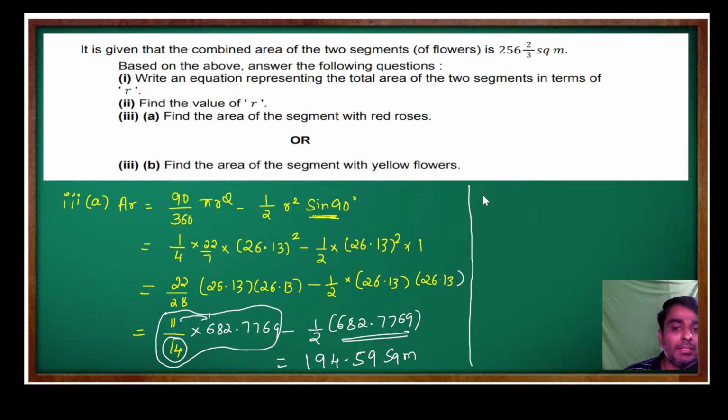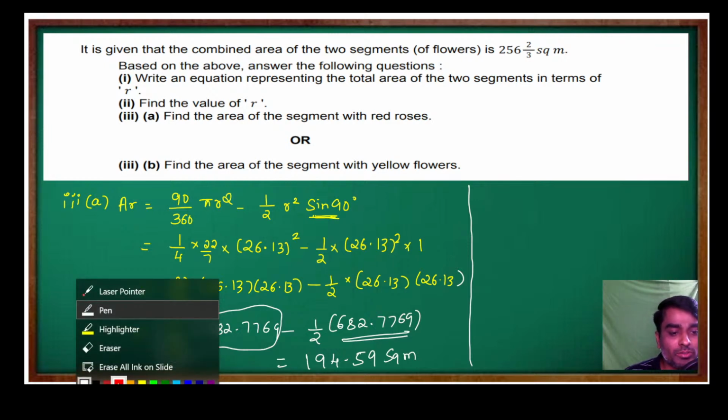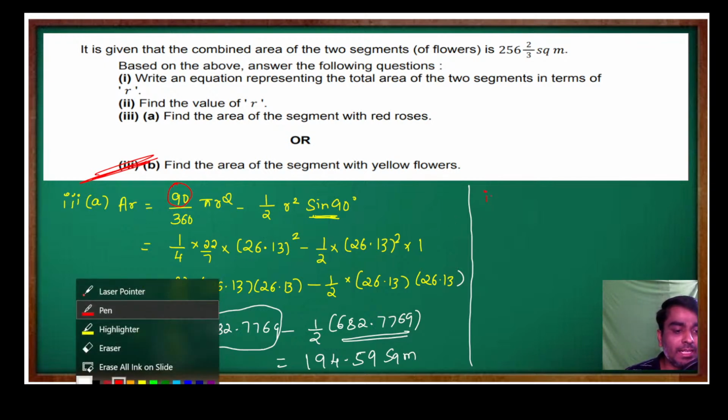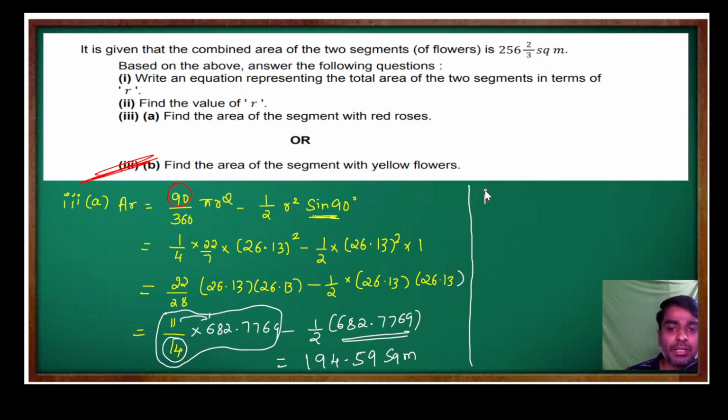Then we will find the third, we will do for yellow roses, same formula. Replace this 90 by 60. Third B, replace that 90 by 60. Again the same calculation will be repeated. Third B, 60 by 360 pi r square minus half r square sine 60.